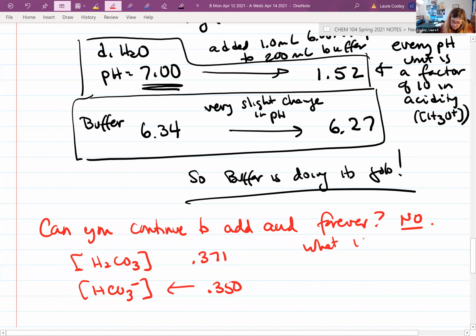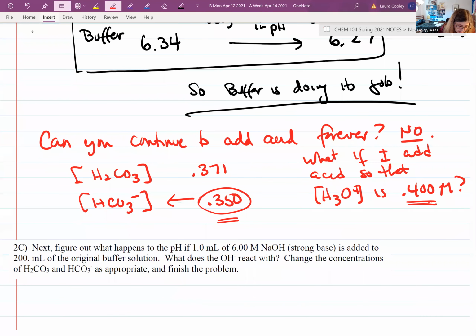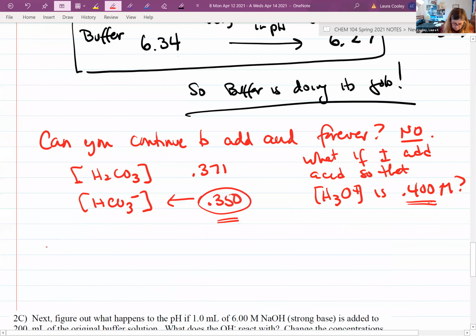So what if I add acid so that my H3O plus concentration is 0.4? Well, sure, 0.350 of it will be changed over to the weak acid, but this number is greater than this number. So I don't really talk about buffer capacity in this class, but that's basically what it means.